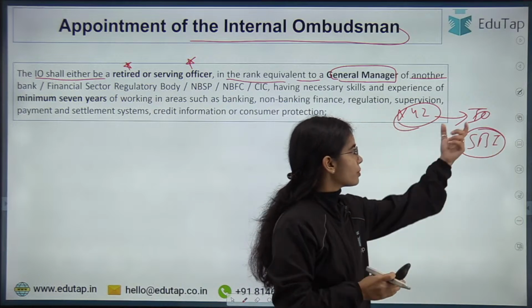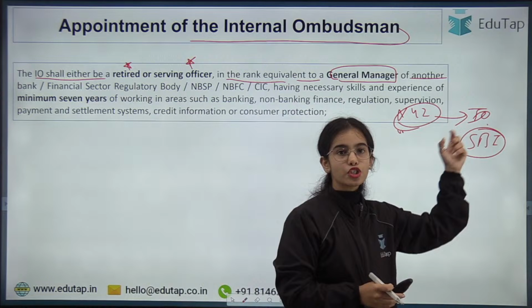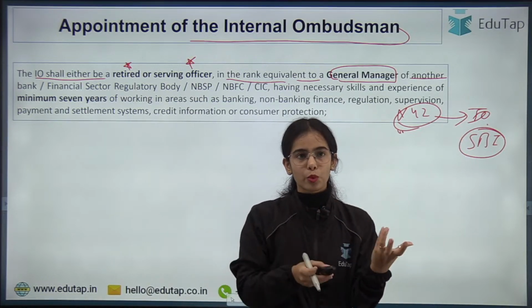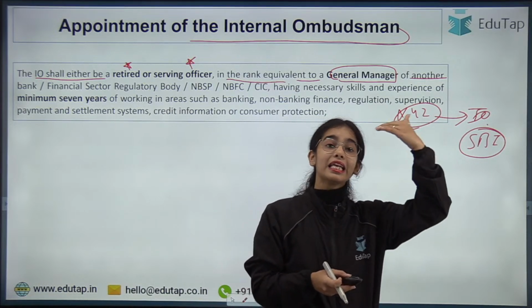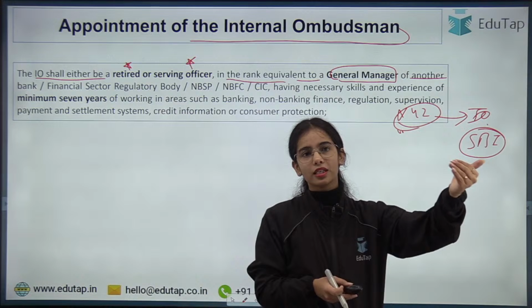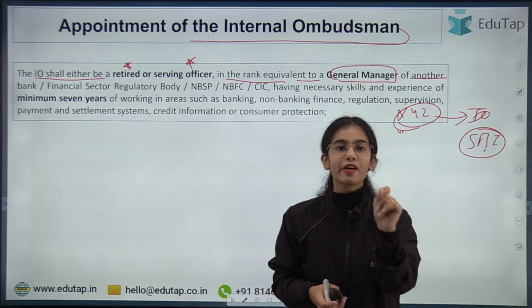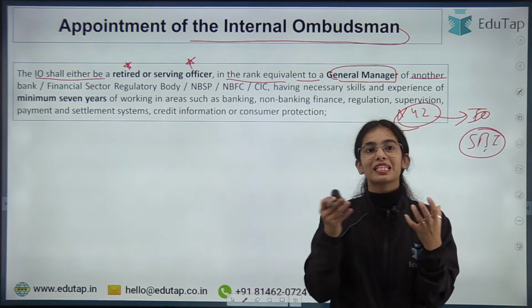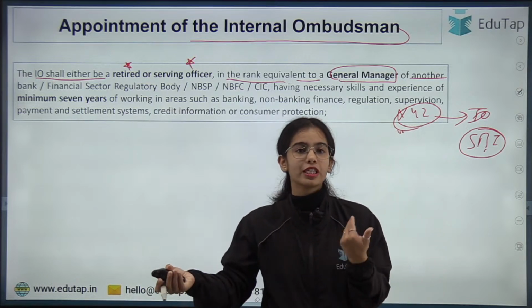If you want to hire this person, this person should have the general manager equivalent post as a serving officer or retired officer in any other bank or in any other entity other than the SBI. That means the same person should not have served in SBI, otherwise there is a direct connection between the person and the bank, so there might not be consumer benefit.